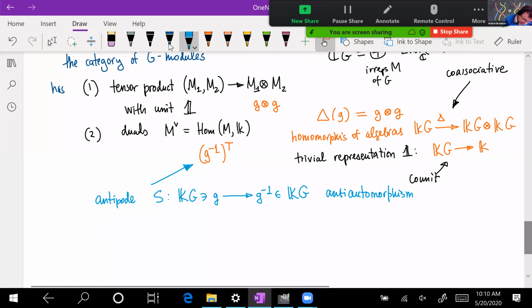And they satisfy all sorts of natural relations.